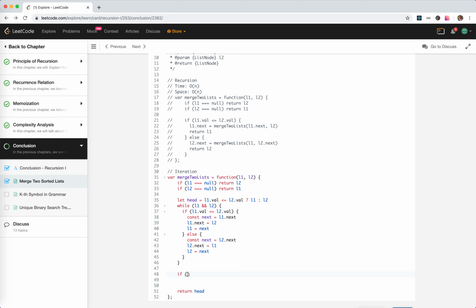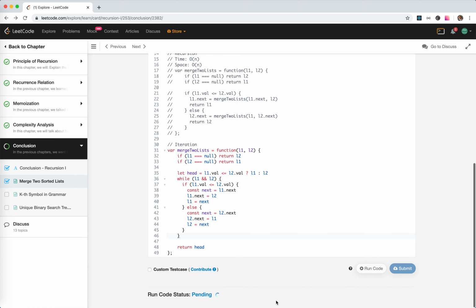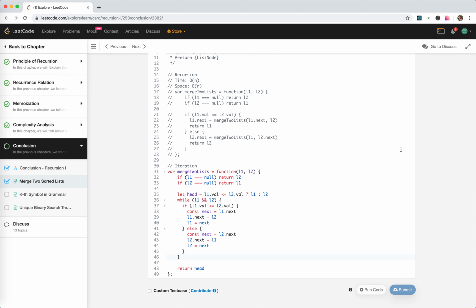So in this case, if L1 is still there, L2 next... wait a minute, L2 is null, so L1, oh, that's done because it's a linked list. It doesn't matter here. Yeah, it's done. Submit.